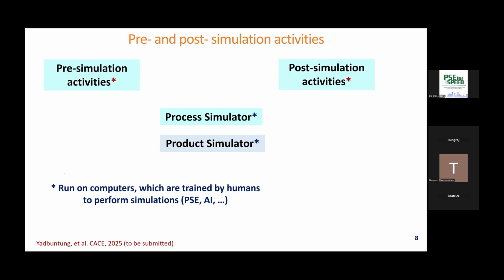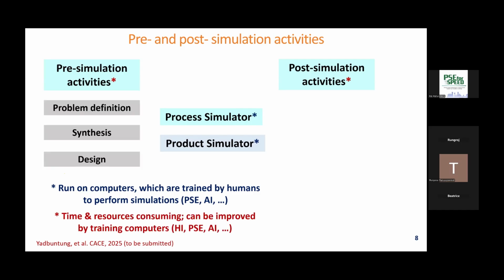And then we have a pre-simulation activity and a post-simulation activity. The pre-simulation activity is problem definition, synthesis, design. That would give us the flow sheet we need, the design we need, so that we can do the calculation. Because without the flow sheet, the design, the models, we cannot do the calculations.